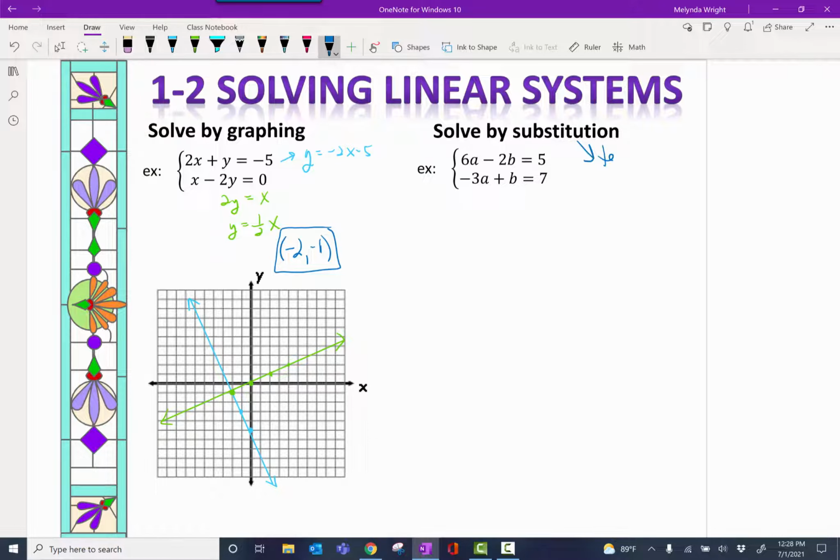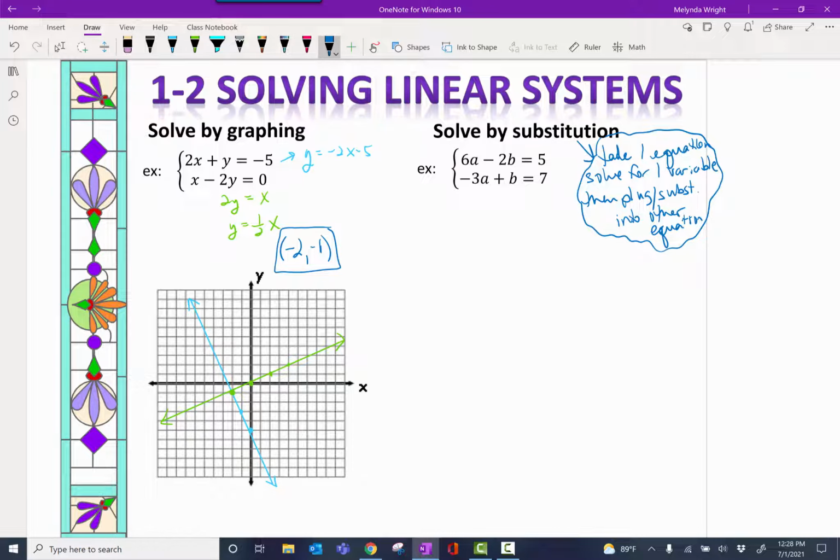We take one equation and solve for one variable, and then we plug or substitute into the other equation. I like to write it in words just so we can get the idea in our mind. So this is the technique for substitution.